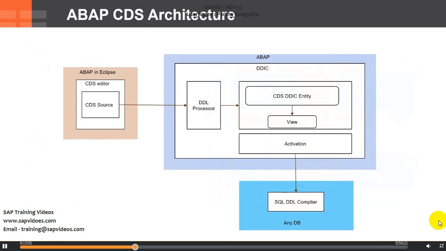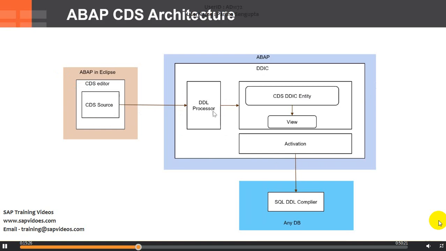What is the CDS architecture? You will create a CDS view in ABAP in Eclipse or ADT, or even in the ABAP perspective in HANA Studio. There is a CDS editor. When you define your CDS view, it goes to the DDIC dictionary.